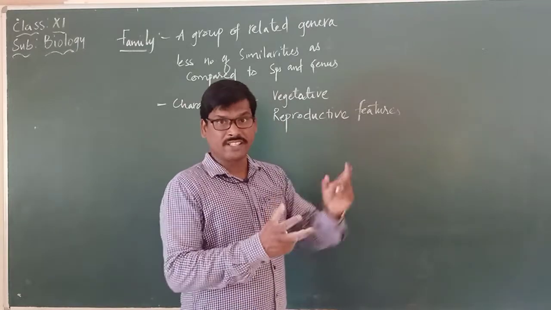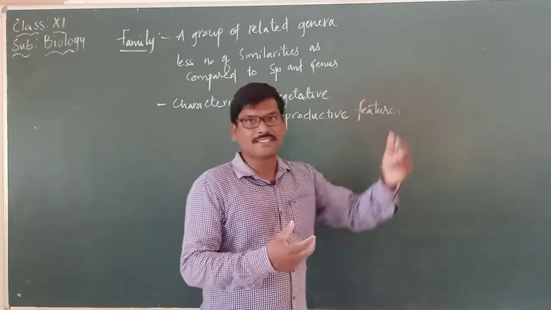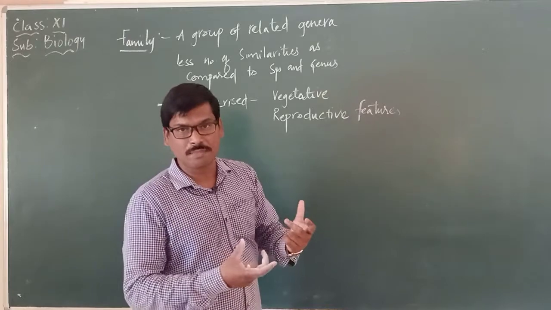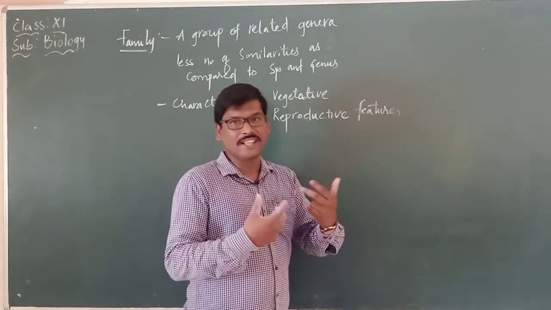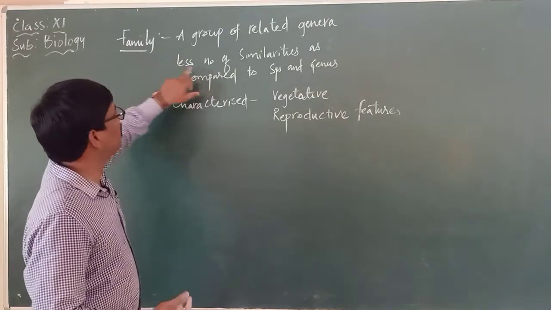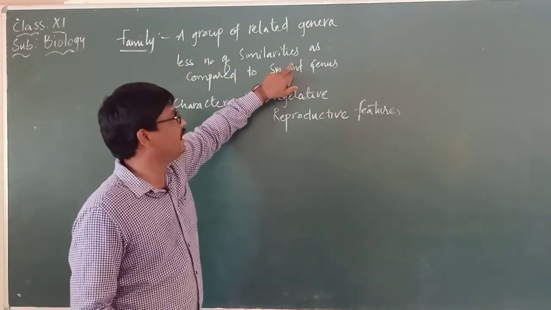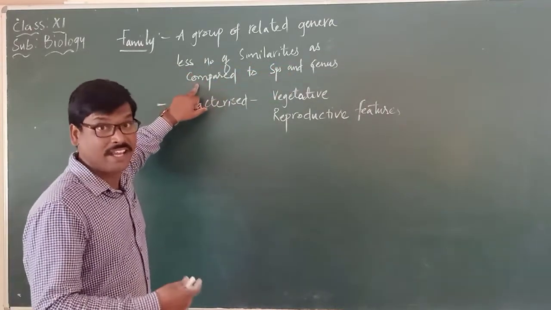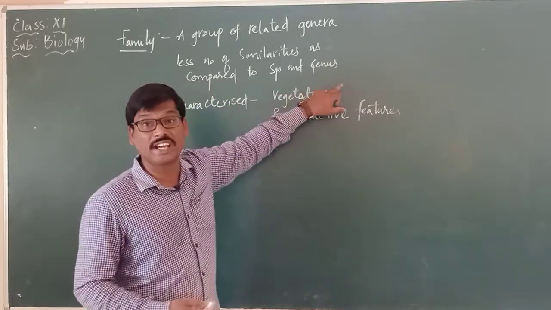So more similarities will be in the species, fewer in the genera, and even fewer in the family. We have to remember that fewer similarities are present in the family compared to species and genus.